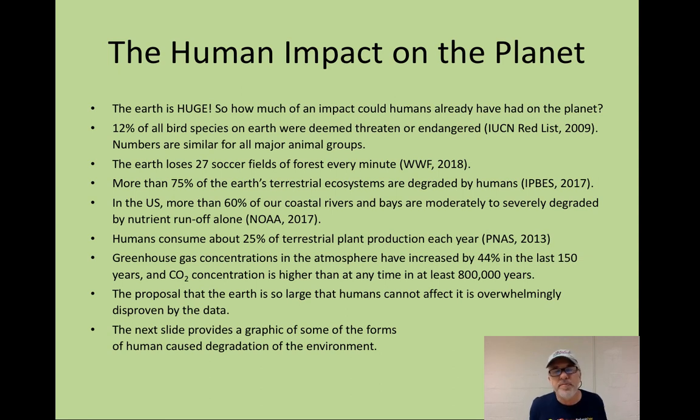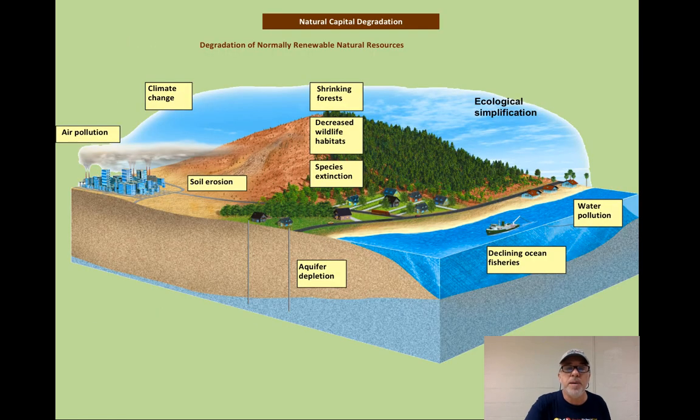And the next slide provides a graphic for some of the forms of human-caused degradation in the environment. Once again, this is someone's conception of it. We might be able to do better. Here we go. Look at this. Climate change, big one we've already identified.